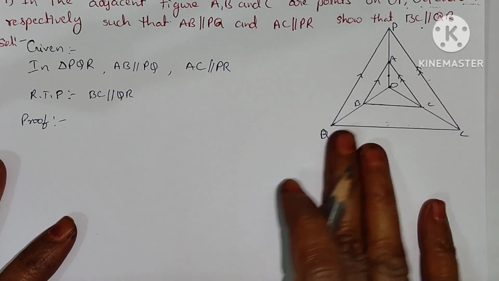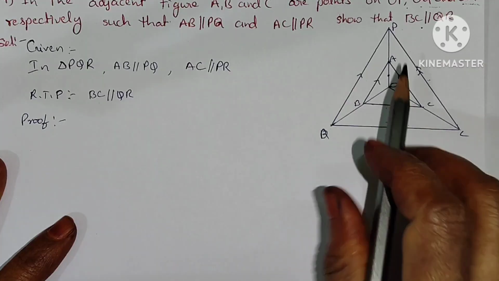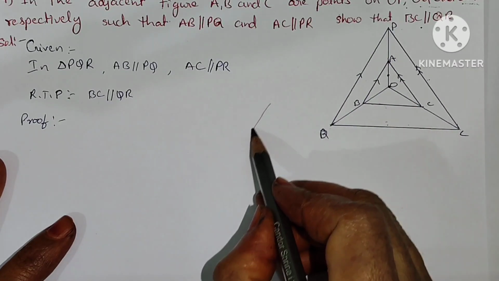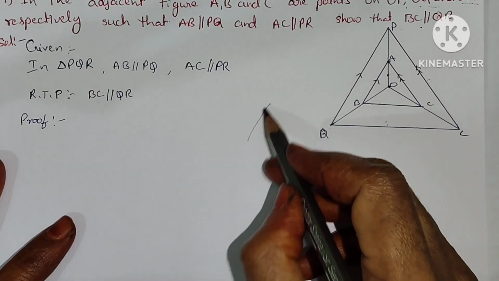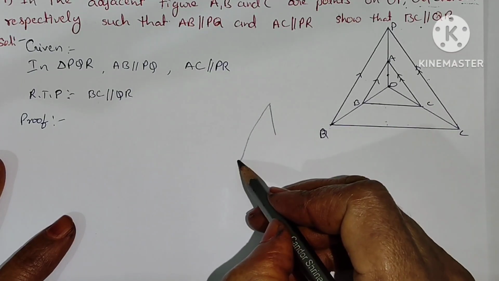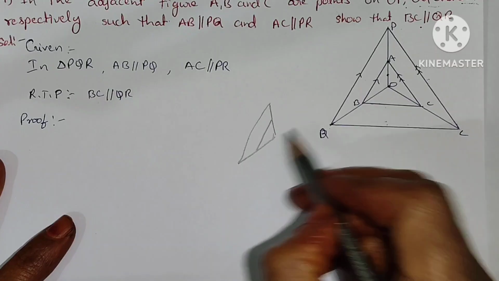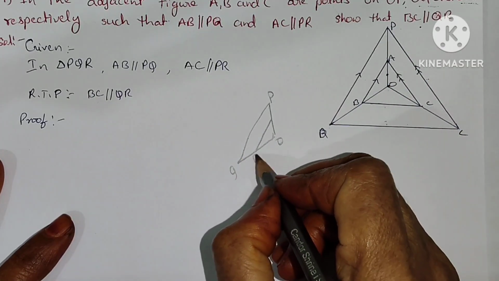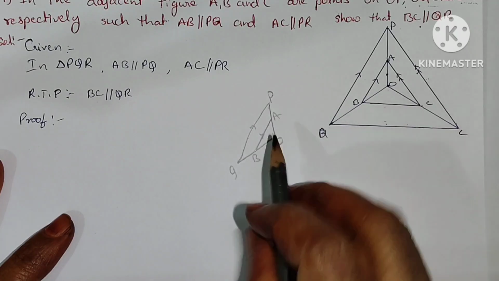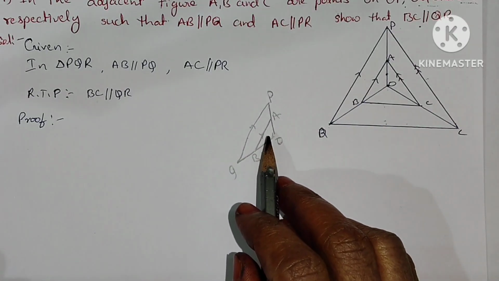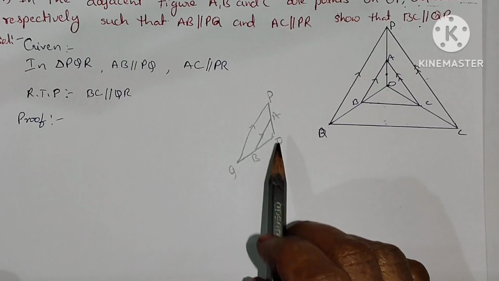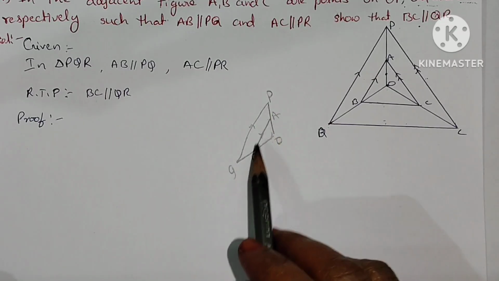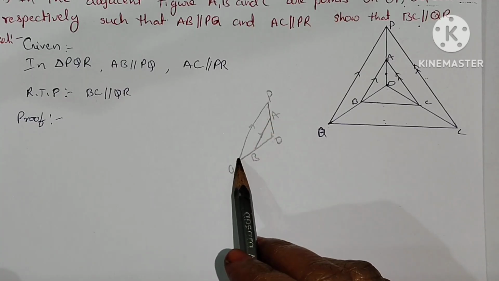In this complete triangle PQR, first we take the sub-diagram, triangle POQ, with AB. These two are parallel, so we use the basic proportionality theorem: OA by OP equals OB by OQ, because we already know that AB is parallel to PQ.